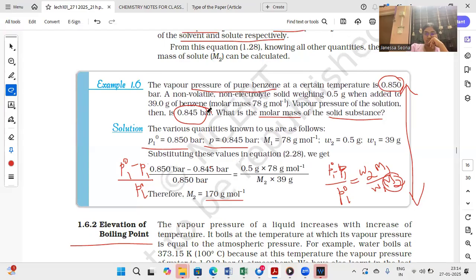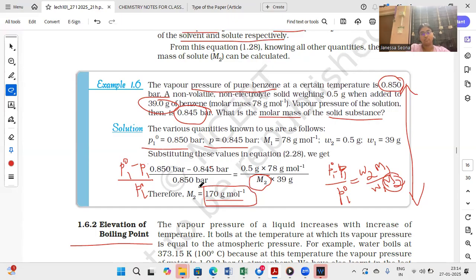The molecular weight of solvent here is 78 gram per mole. Likewise, the weight of solvent is 39. Substituting the molecular weight of solvent for M1, and the weight of solvent benzene as 39, we can end up with M2. M2 is equal to 170 gram per mole.